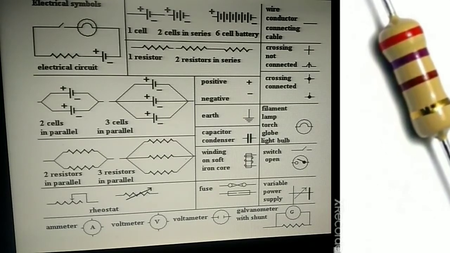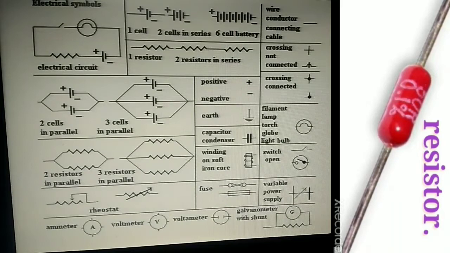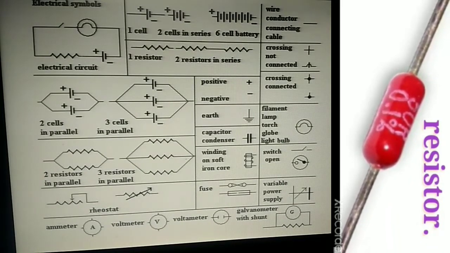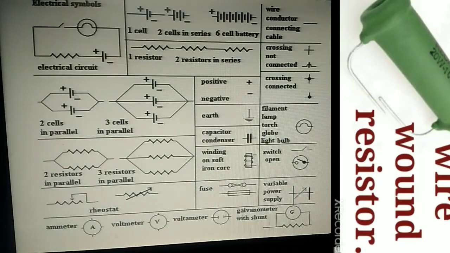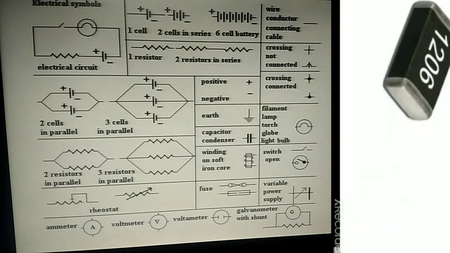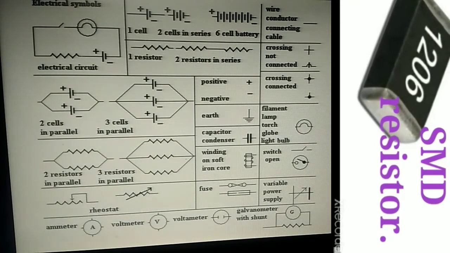Then wire or a conductor or a connecting cable. Next, single resistor, 2 resistors in series, followed by wire crossing, not connected.